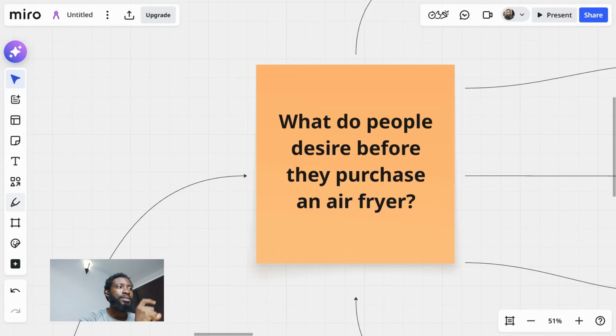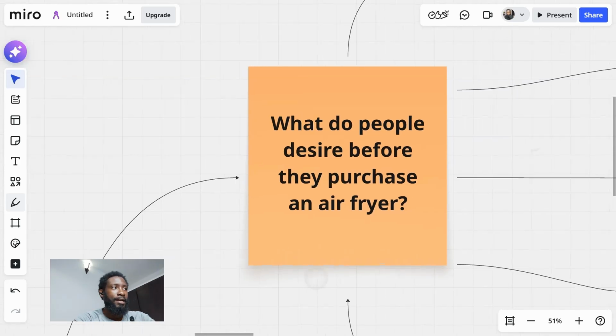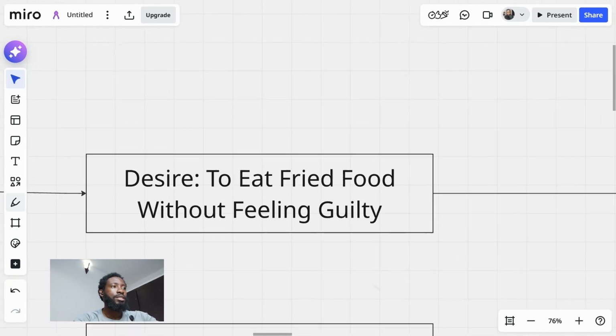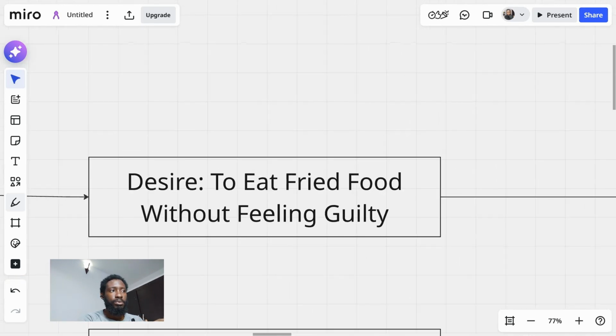So what do people desire before they buy an air fryer? The first thing people desire is to eat fried food without feeling guilty. A lot of research has linked heart diseases such as heart failure to cooking oil. So the substitute for frying with oil is to use an air fryer.